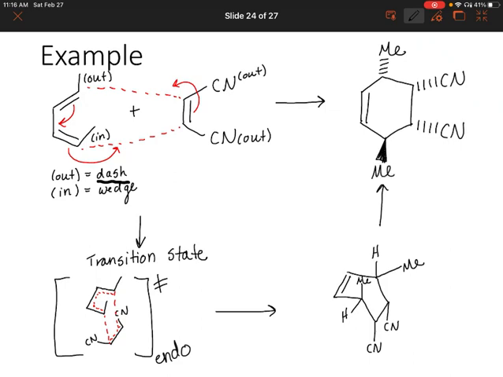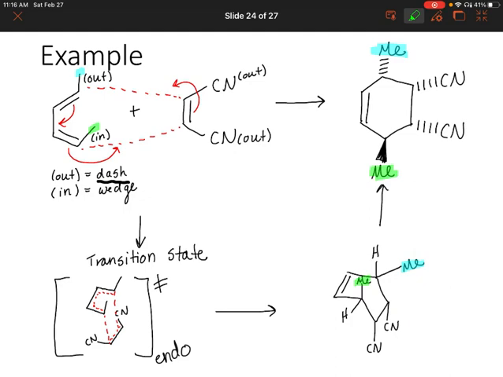And if we look down below at our three-dimensional structure, we can see that the methyl group that was pointing out is kind of in that outward position. The methyl group that was pointing in is pointing up.